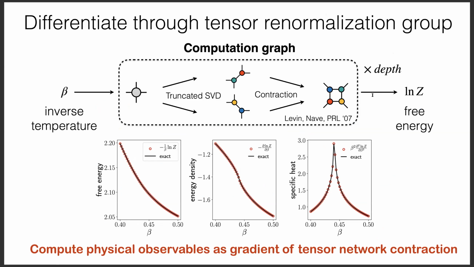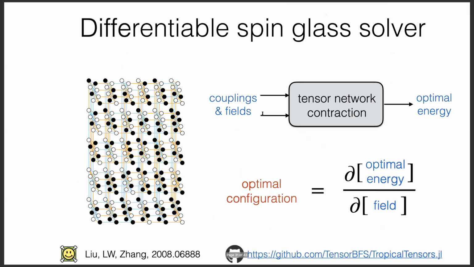Then there is a special construction in this paper that brings the whole scheme directly to zero temperature. Meaning, if you contract a tensor network for spin glass, you get the partition function in the ground state, meaning the free energy in the ground state, meaning the ground state energy.